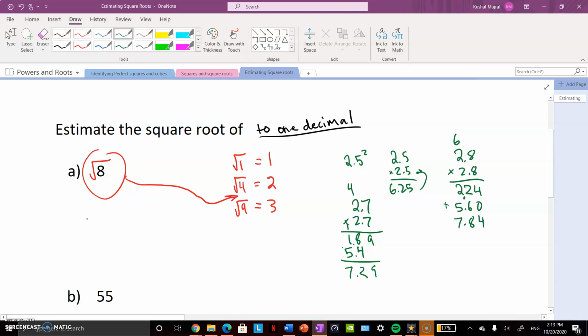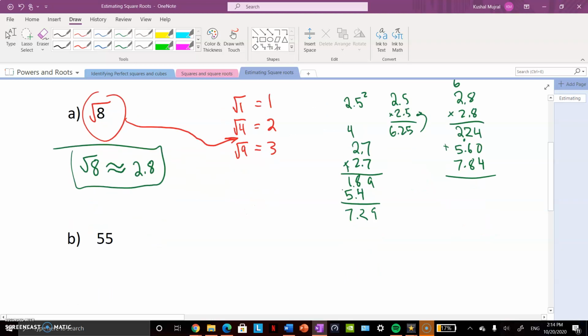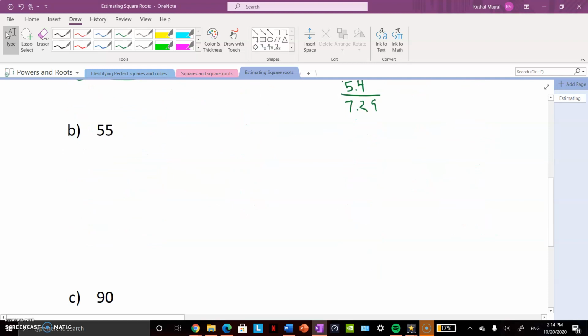So we can say that the square root of 8 approximately, this is the sign for approximately, equals 2.8. Because 2.8 squared is 7.84, which is really close to 8. Okay, now that's our answer. Let's take a look at this, 55.